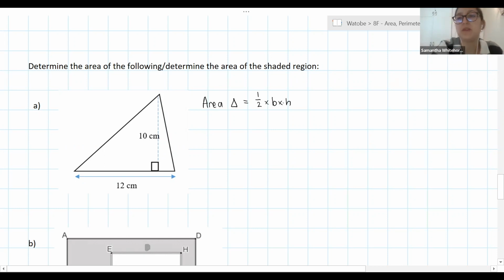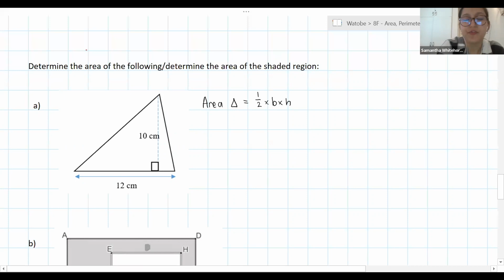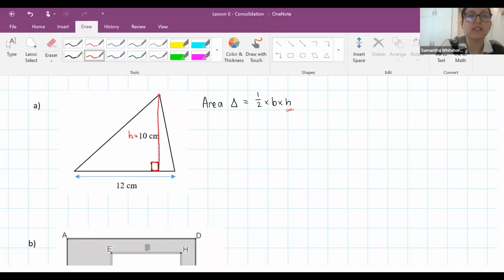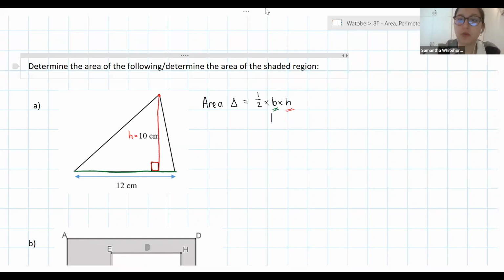Now, what we need to remember is that the height of the triangle is always measured from the topmost point of the triangle down to the base at a right angle. So that then means that this 10 centimeters is our height. And whatever side it is measured down to and it's perpendicular to or at a right angle to, that is our base.